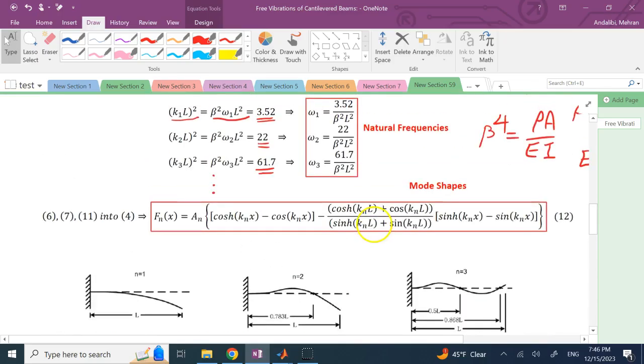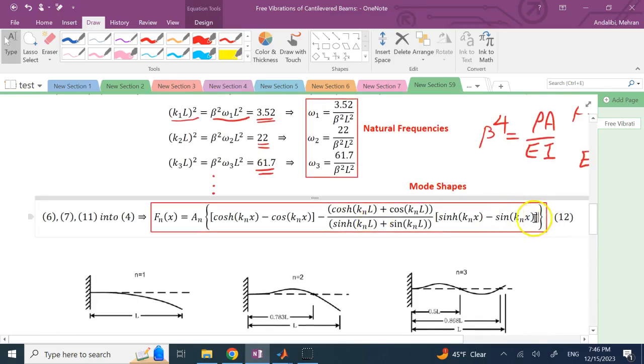And so if you do so, this is going to be the solution for the f function. And this A is a constant that we'll talk about, but the rest of it is clearly your mode shape. So the mode shapes of the beam are this kind of function. And they are not a simple function like we had for a string. It was a simple sine function. It's more than that.